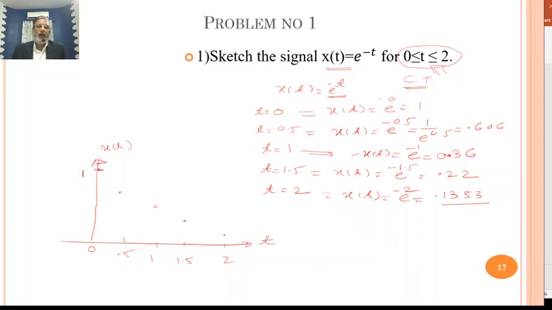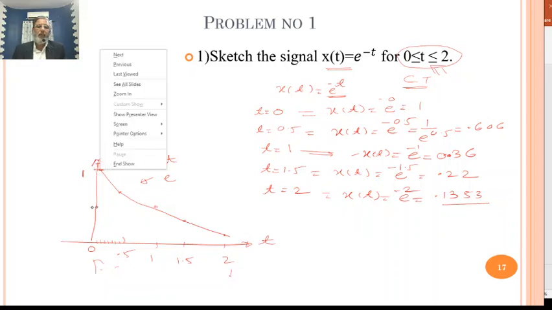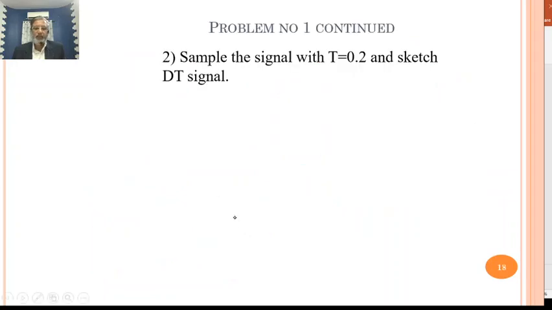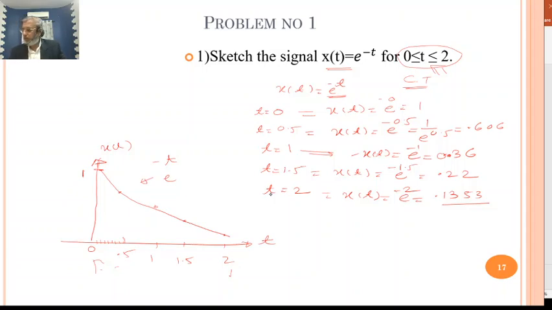Now we will join all these points. Now this is the continuous time signal, because the signal exists at every instance of time, and the particular interval for the signal is from 0 to 2, and the amplitude is changing from 1 to 0.1353.